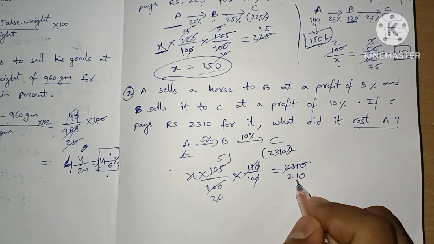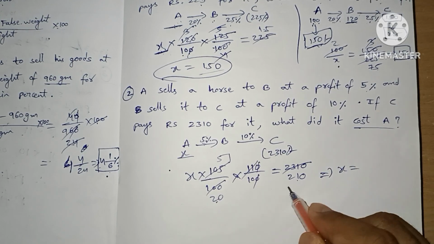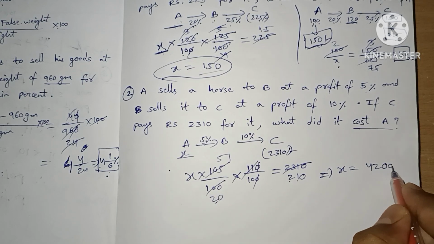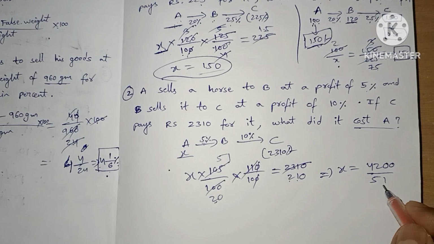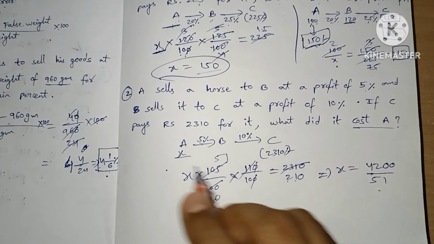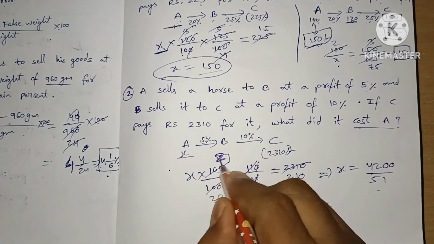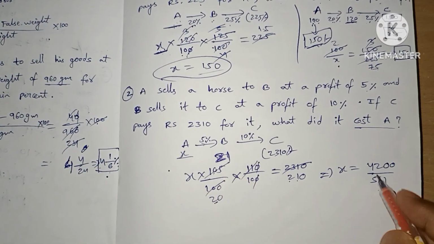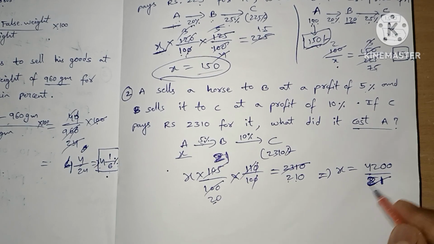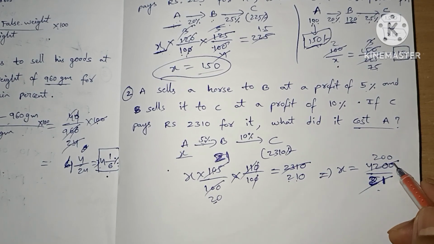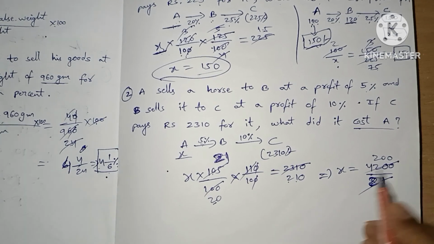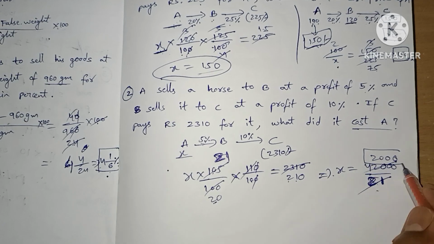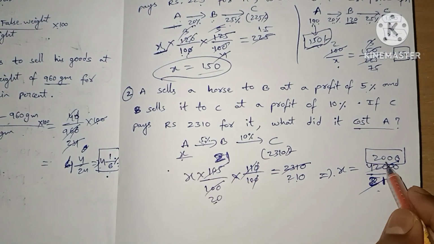This comes this side, with x equals 21 into 20, and there is one more 0 also. So we get an x value which is 2000. So A bought at 2000 rupees.